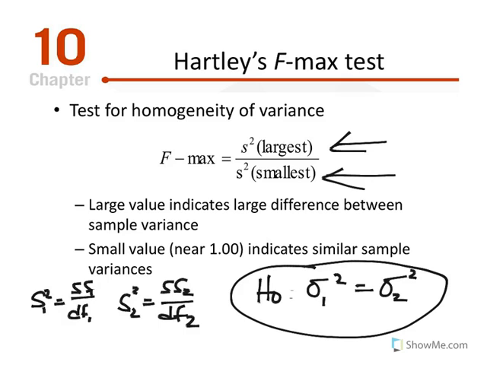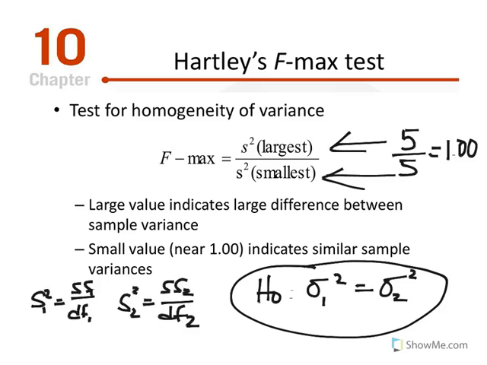So if we use sample statistics, what would the F-max value look like if this null hypothesis is true? Well, let's just say that our variance for the first sample is equal to 5 and the second is equal to 5. Therefore, the F statistic would equal 1.00, meaning that they're equal to one another.